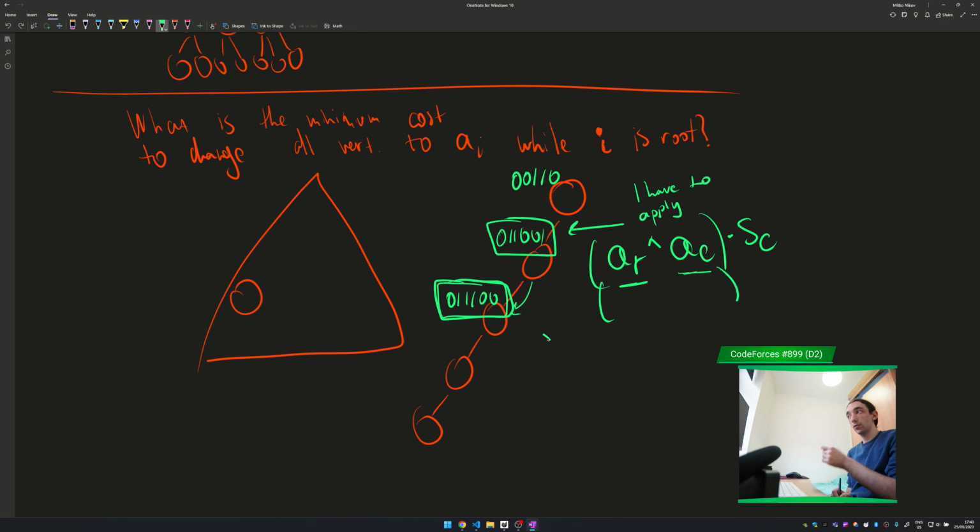So I have to change this guy with his parent and himself times the size. And then I continue here. So I only have two things, the parent XOR and himself.